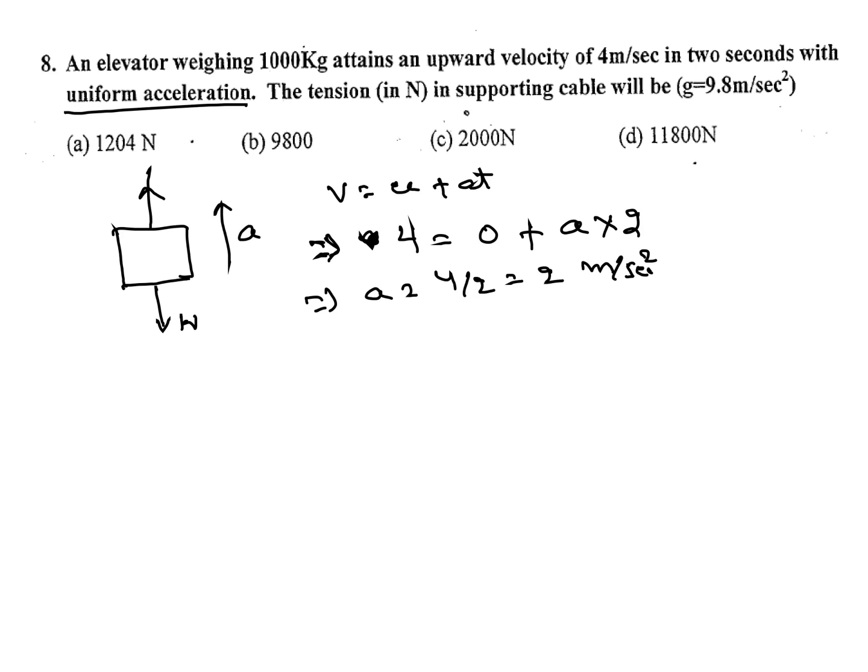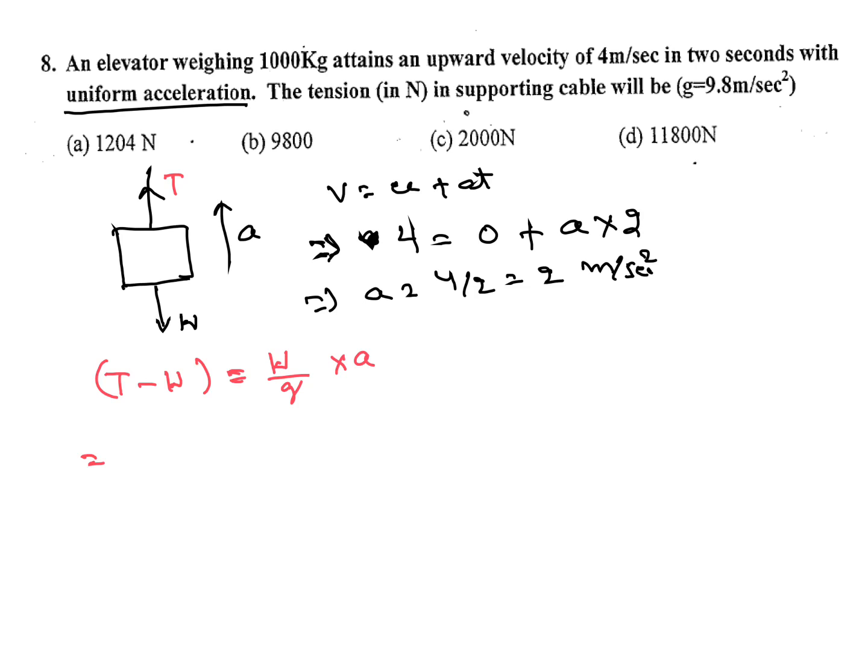Then for the elevator going upward, we apply T minus W equals F equals ma, which is W by g into a.